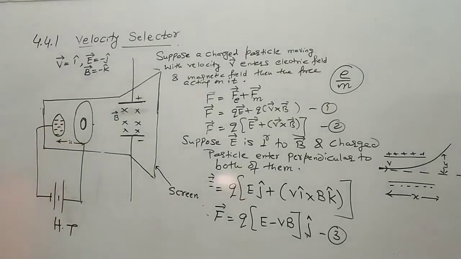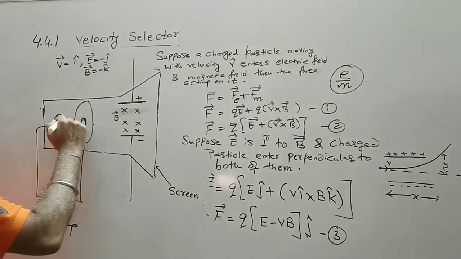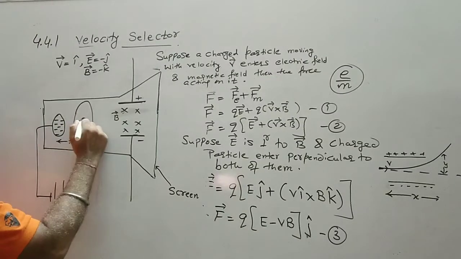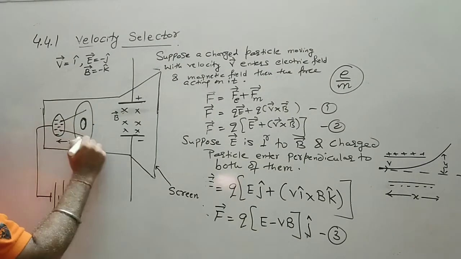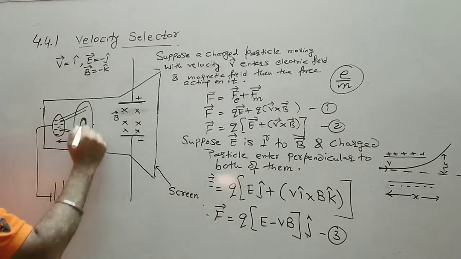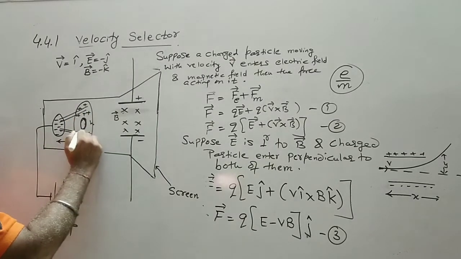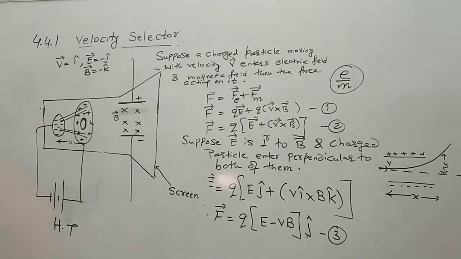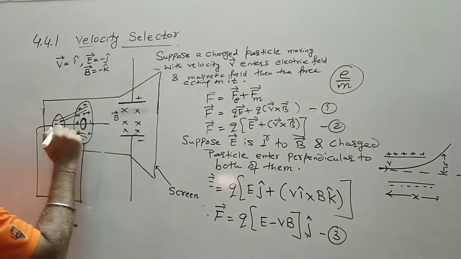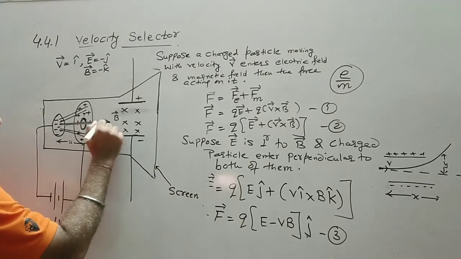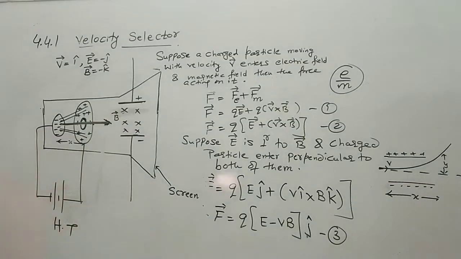Most of the electrons pass through this small hole, though some neutralize the plate at high potential, which is positively charged. This is called the beam of electrons.